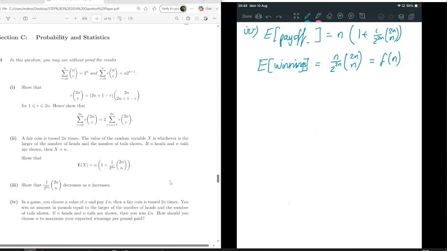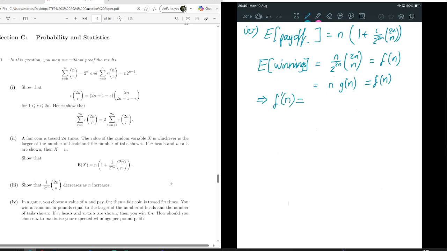Another thing I could consider is splitting this into really two functions, n times what I can call g of n, because at least I know then that g of n is decreasing, so the derivative is always negative. Let's have a play with the derivative and see if it does anything nice.